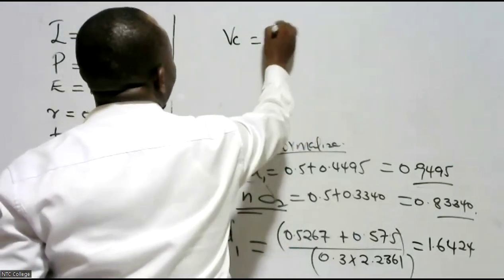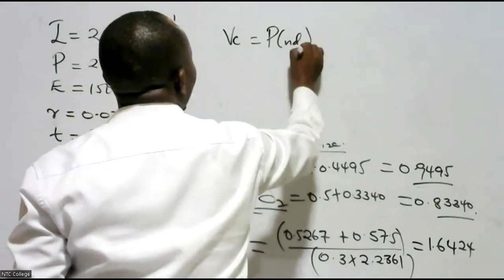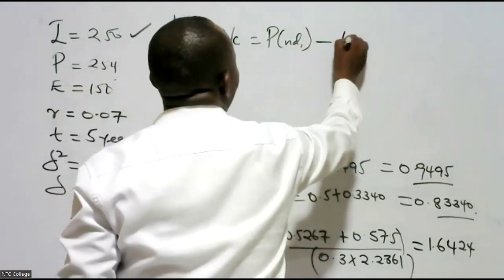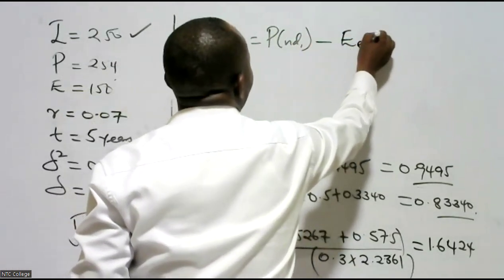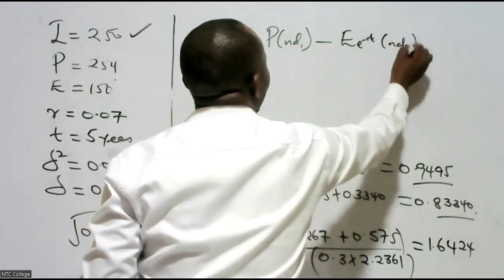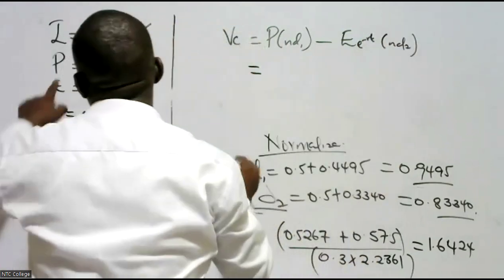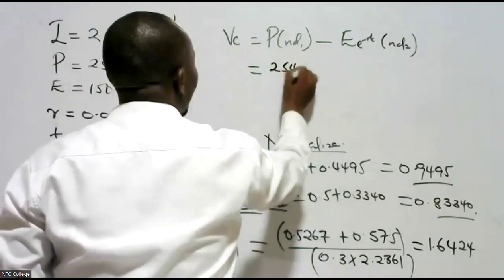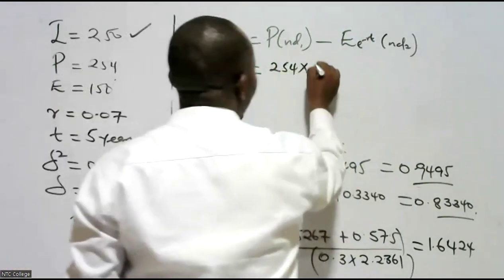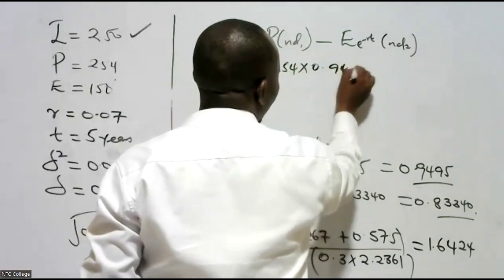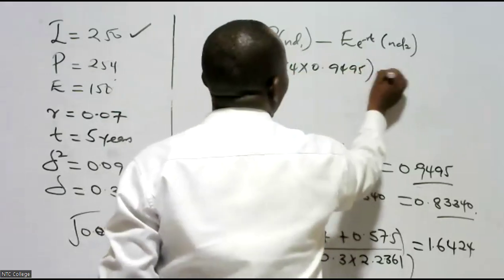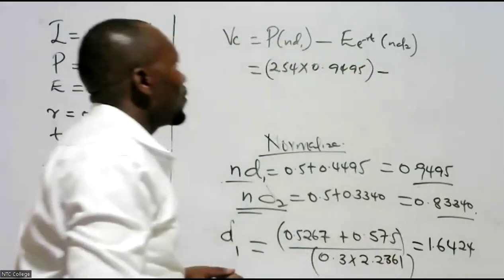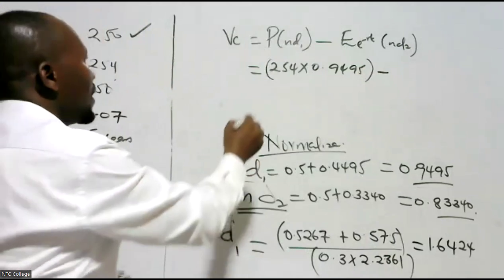If we say that P is ND1 minus E ND2, right? So P was given as 254 times ND1, which is now this one, 0.9495, minus Euler's constant. Get me this figure.